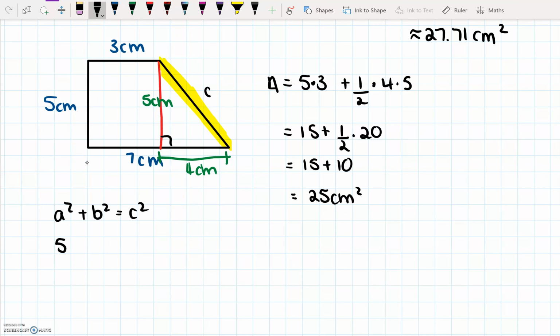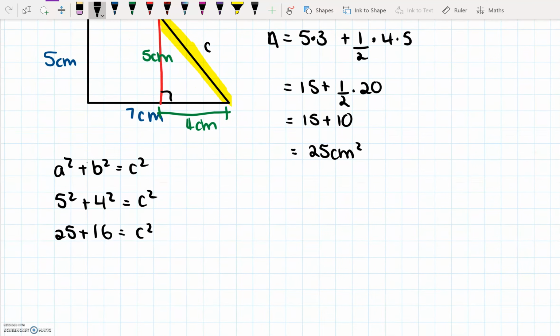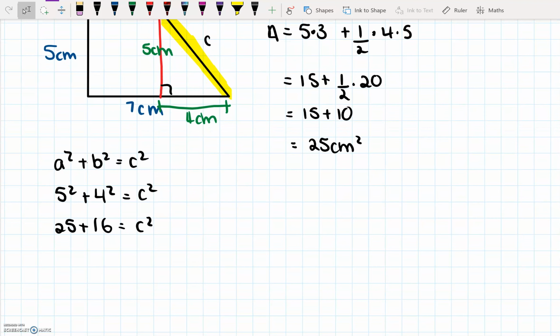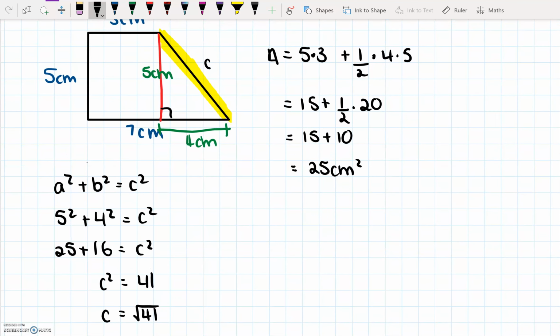A is 5, so 5 squared plus B, which is 4, 4 squared equals C squared. So we have 25 plus 16 equals C squared. 25 plus 16 is 41, so C squared is equal to 41. C equals root 41. Again, I like to always round this at the end after I'm finished.